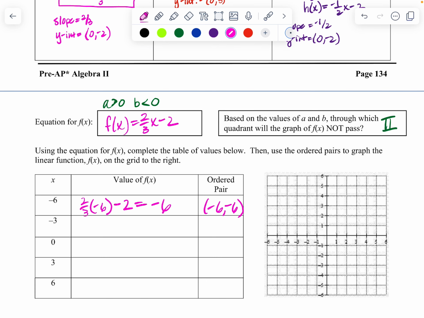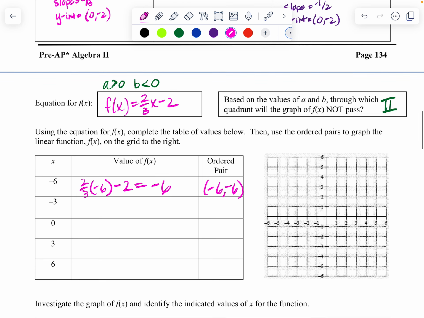Okay. All right, then we're going to do 2/3 times negative 3 minus 2. 2 times negative 3 is negative 6, divided by 3 is negative 2, minus 2, negative 4. So when I have a negative 3 for x, I get a negative 4 for y.